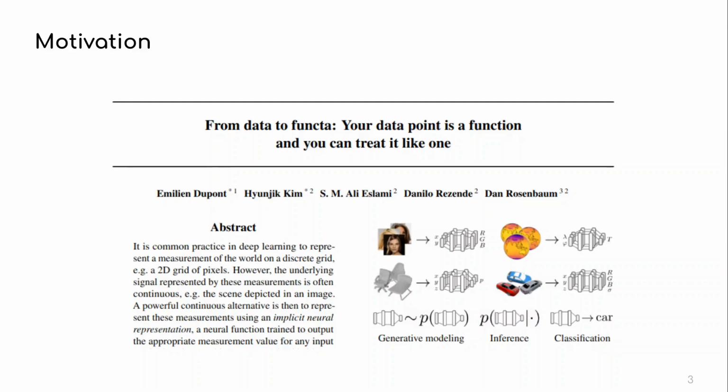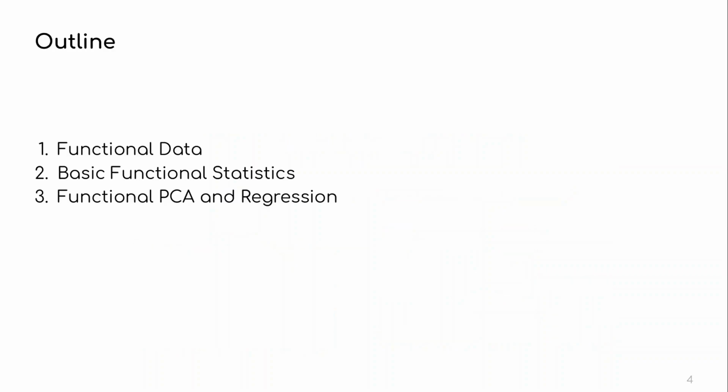That's not quite what we're going to do today, but it's still the idea that your data has more structure than simply being multivariate. It's a function defined on some domain, and sometimes depending on the properties of that domain, you can do a lot of stuff.